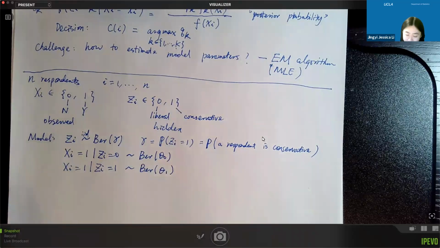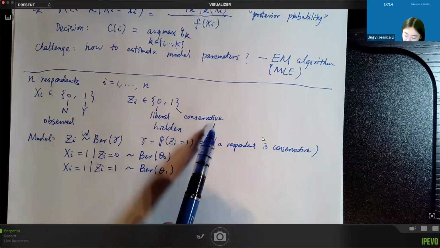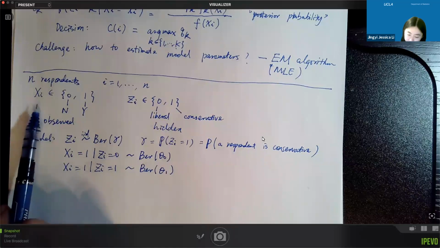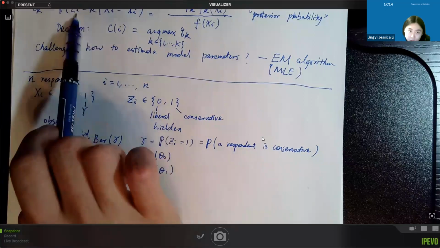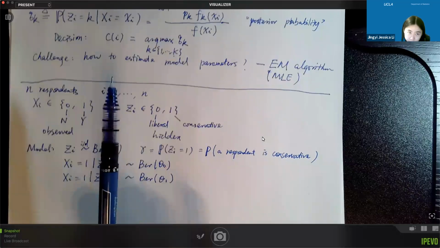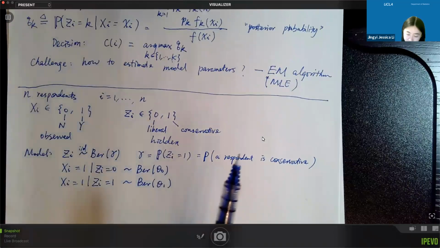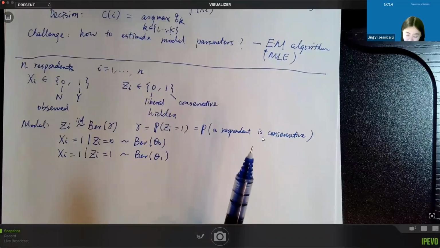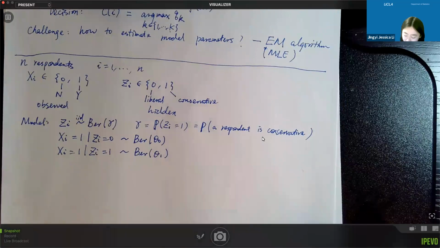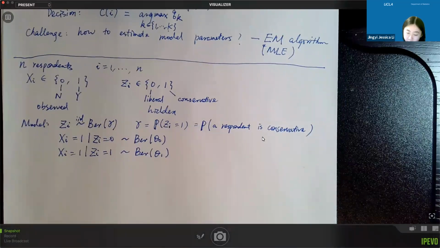And we're going to estimate those parameters so that we can assign a person to liberal or conservative based on their xi, just as we did for the posterior probability here. To start with, we can think of the simple case when we already know xi and zi for each person.